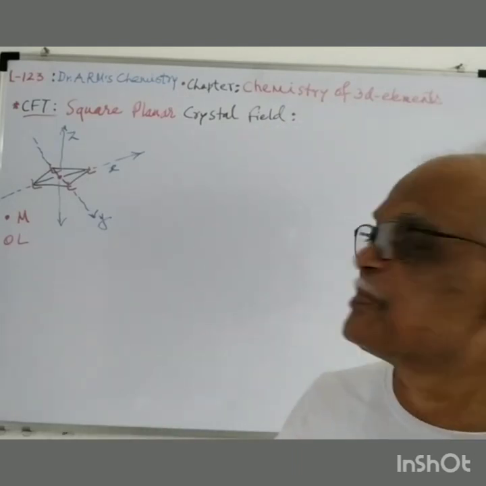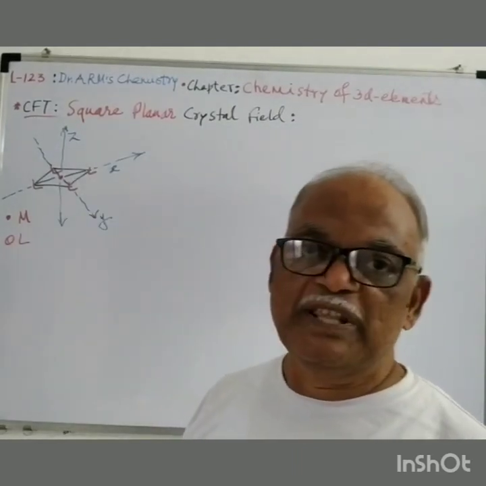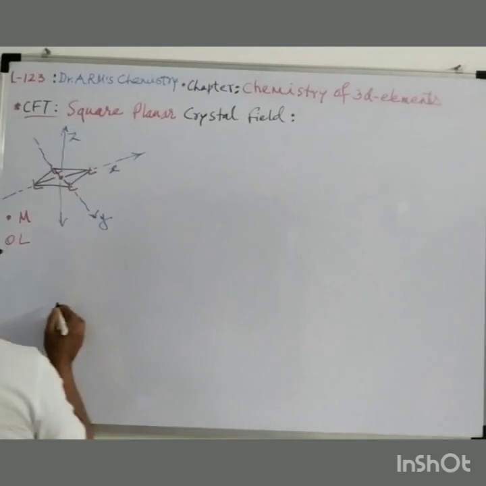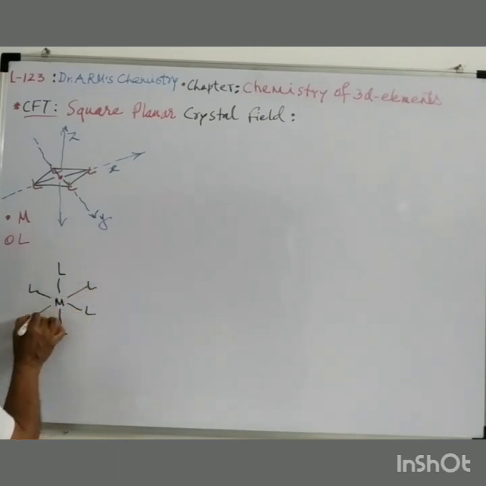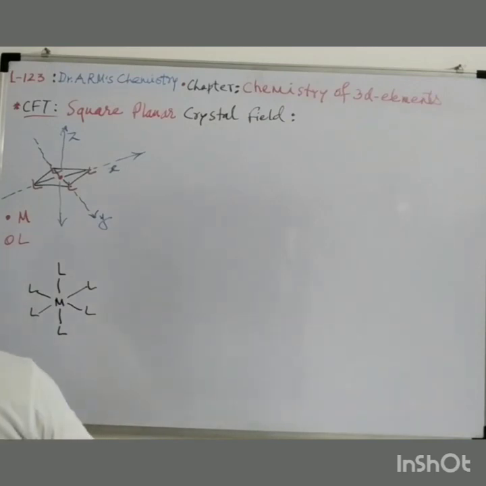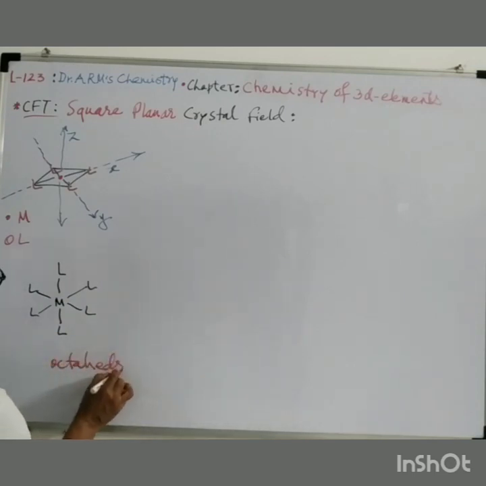In order to obtain such a structure, if we consider this is an octahedral structure, then we have to remove these ligands which exist in the octahedral structure.